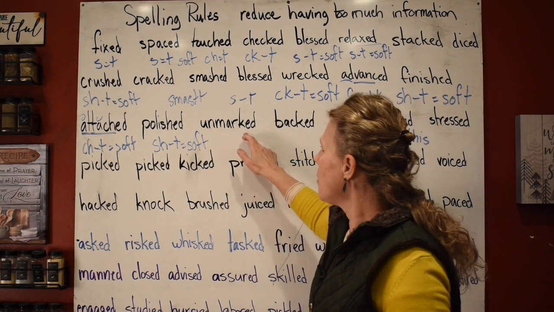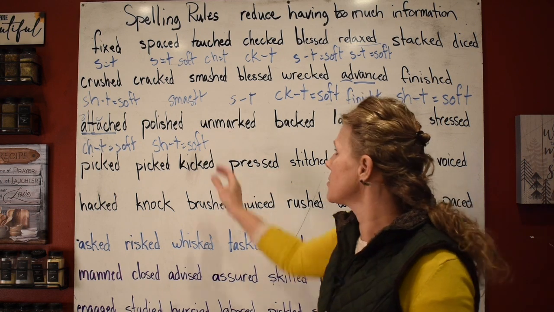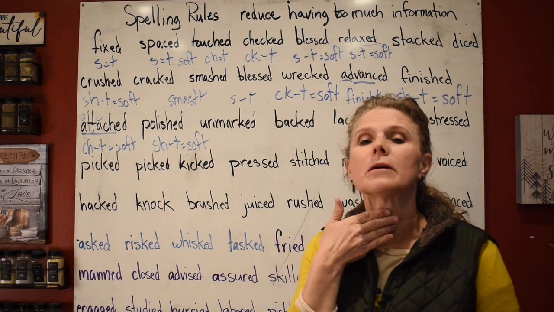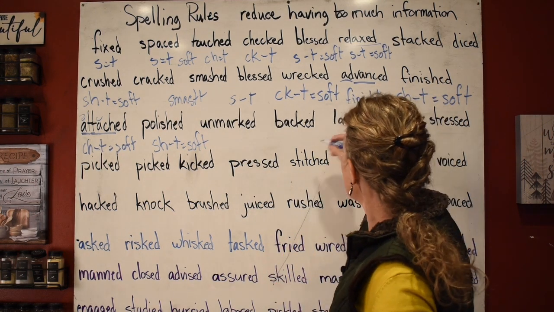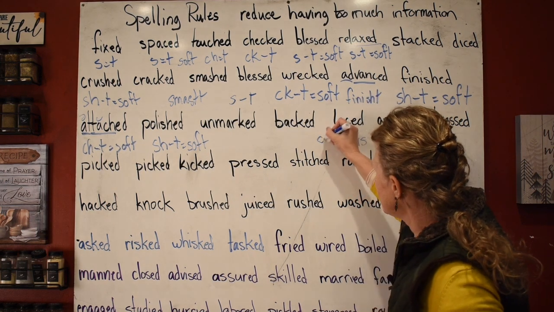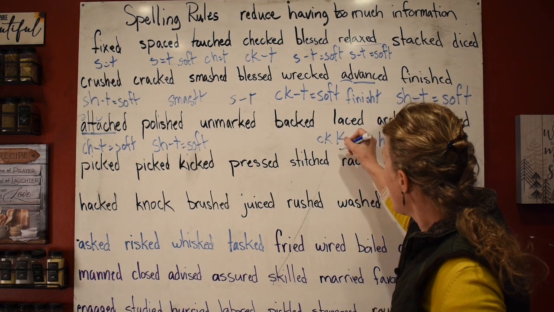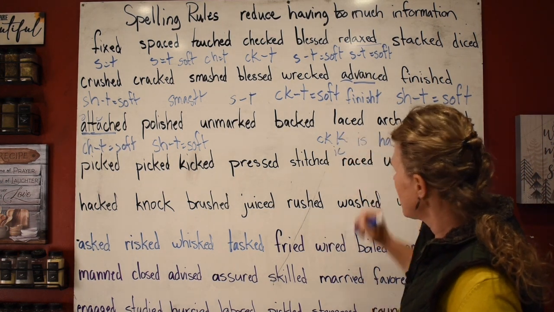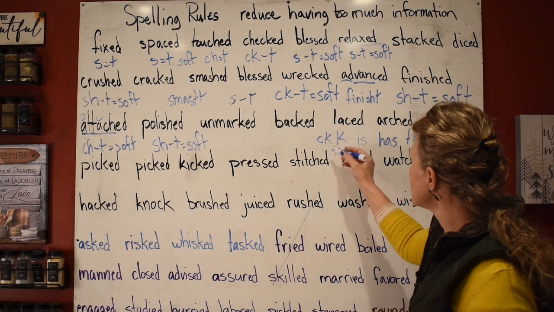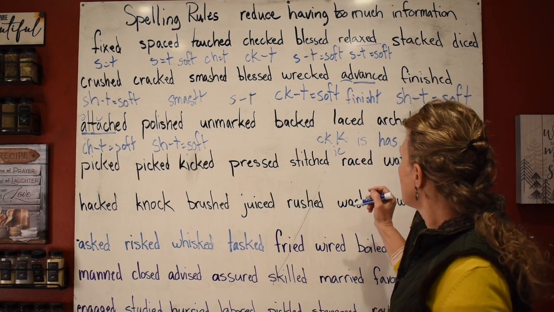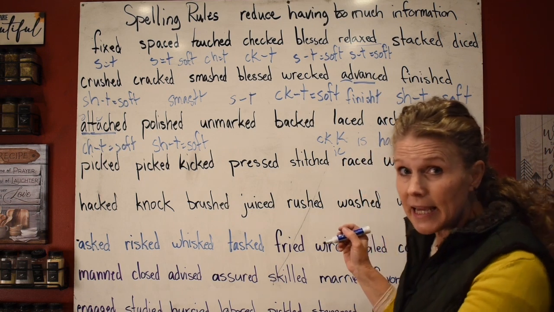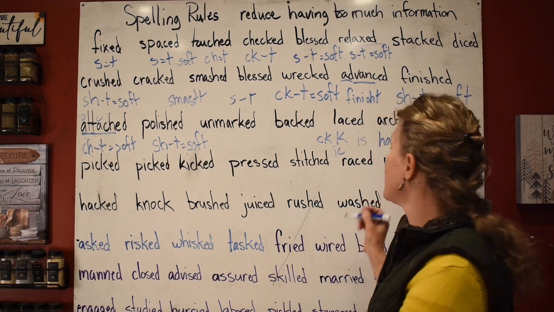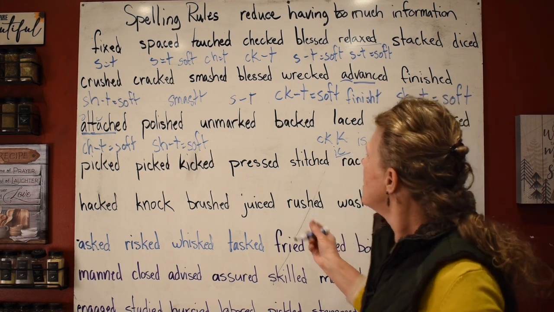Unmark. Mark is the base word. Here's your prefix, there's your base word. The k, look, anything that is a CK, a K, a hard C. C's don't belong at the end of words, but sometimes we have music, right? We have words that end in ick if it's at the end of a multi-syllable word.